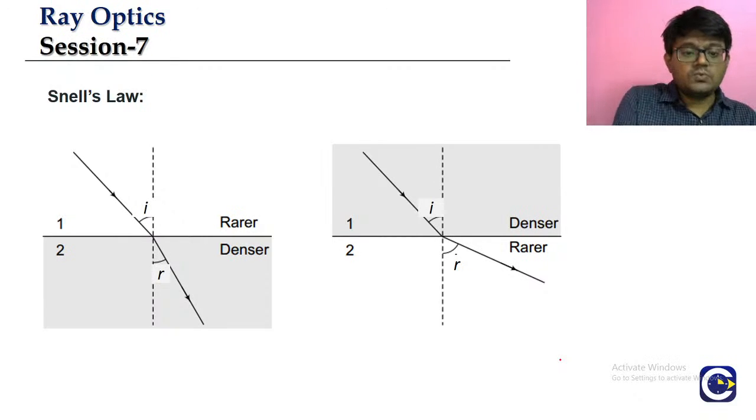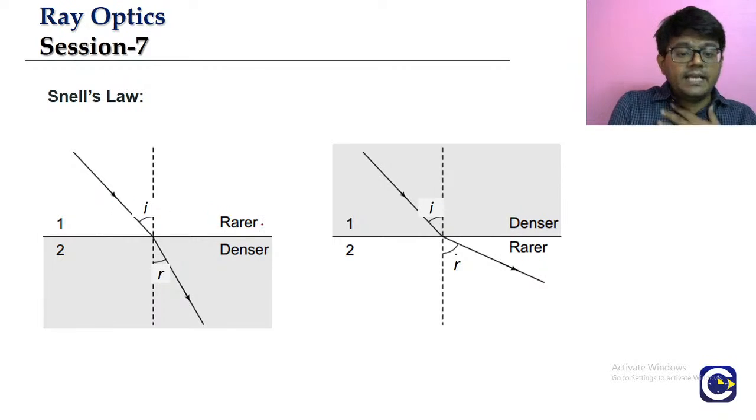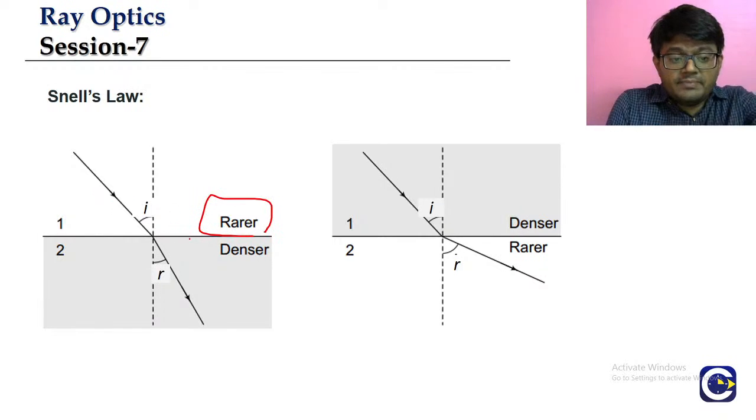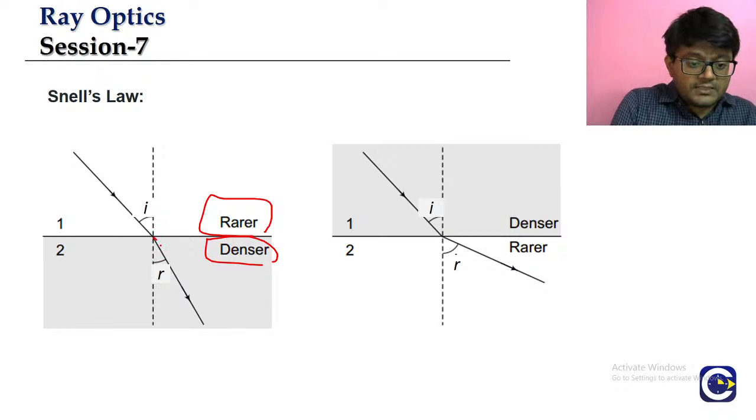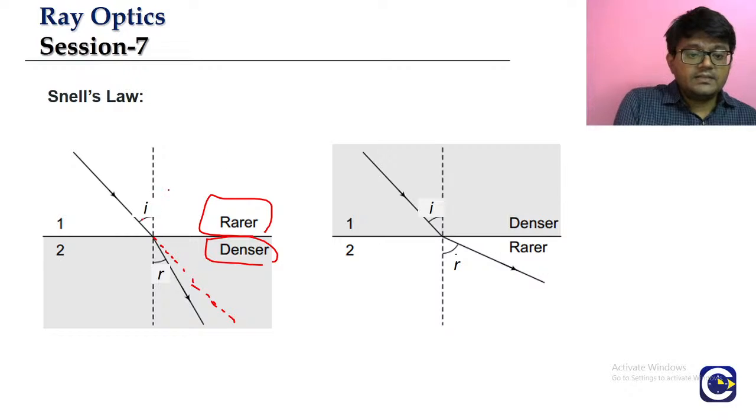Now this is what we were discussing a little while before. If the light ray enters from the rarer medium to the denser medium, what do we observe? This is the original path. You can clearly see this from the Snell's law relation. This is mu 1, this is mu 2, so mu 1 will be less than mu 2.